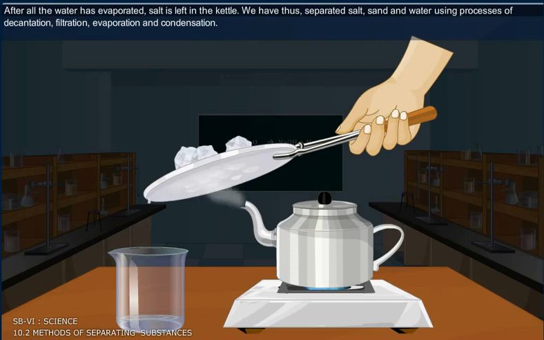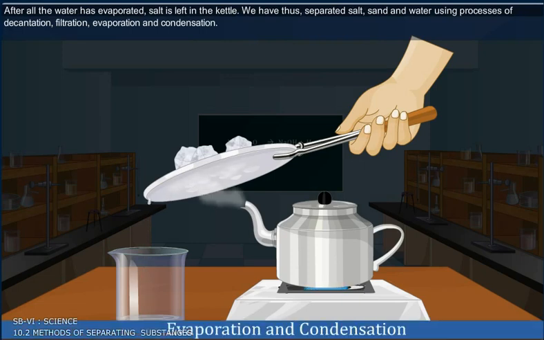After all the water has evaporated, salt is left in the kettle. We have thus separated salt, sand and water using the processes of decantation, filtration, evaporation and condensation.